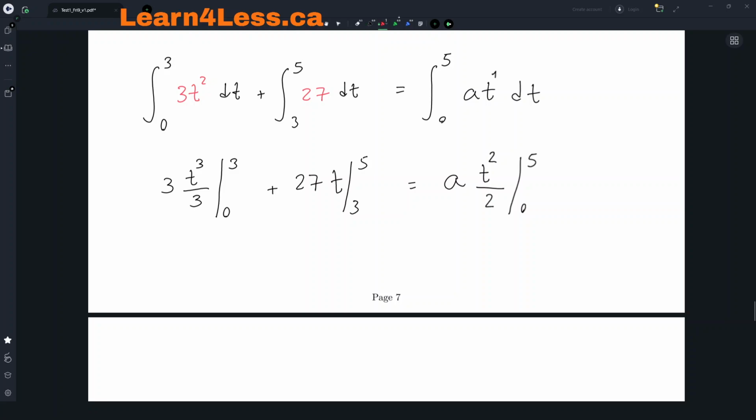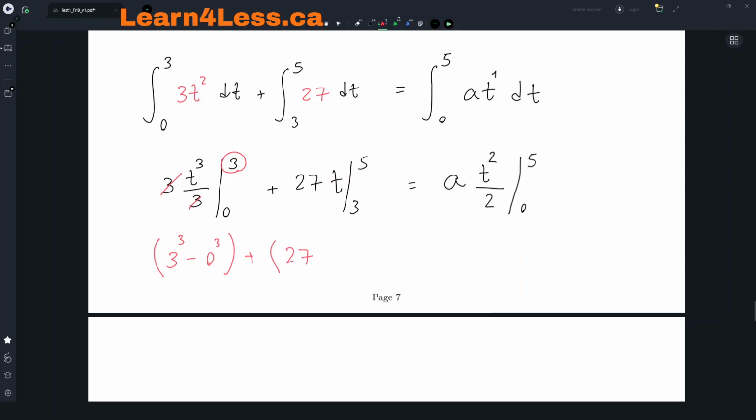Let's evaluate each of them. So first we plug in the upper bound here. Or before that, let me just cancel these 3 with these 3. First, I plug in the upper bound to this. I get 3 cubed minus when I plug in the lower bound, which is 0 cubed. So this is the first integral plus the second integral.